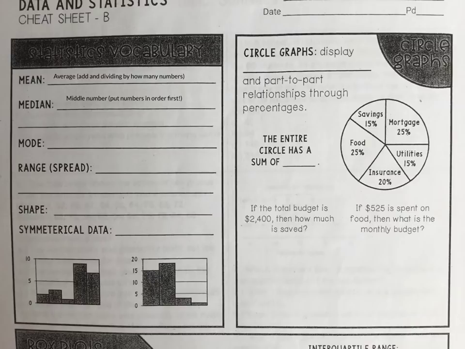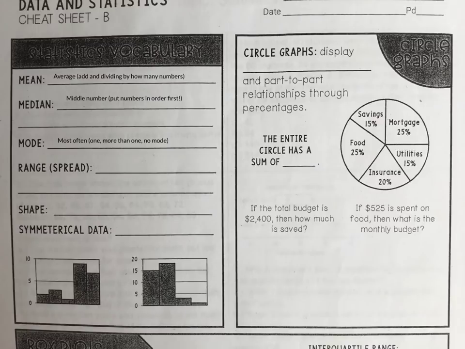Remember that mode is the one that appears most often. Remember that there can be one mode, more than one mode, if, let's say, 2 or 3 numbers repeat the same number of times, or there can be no mode.